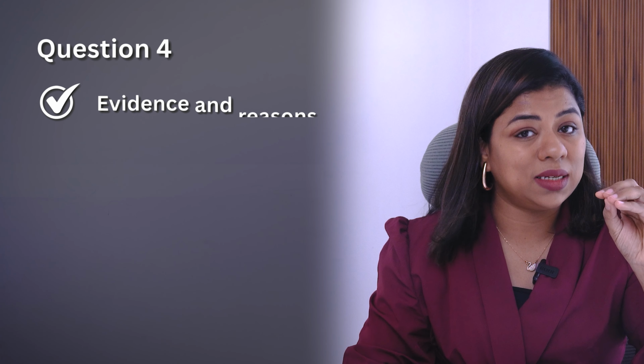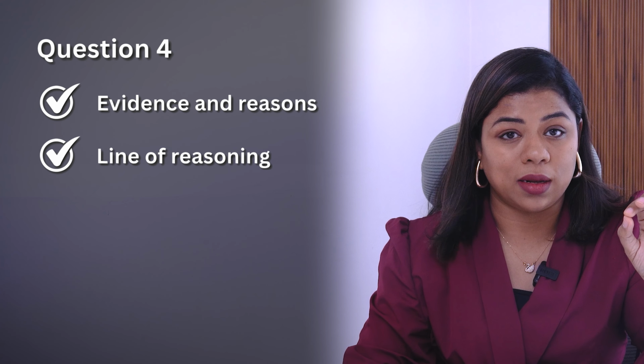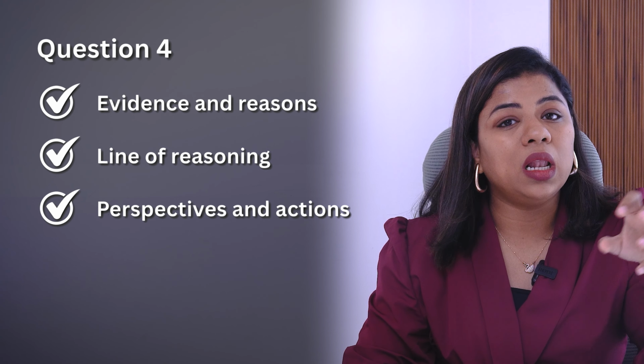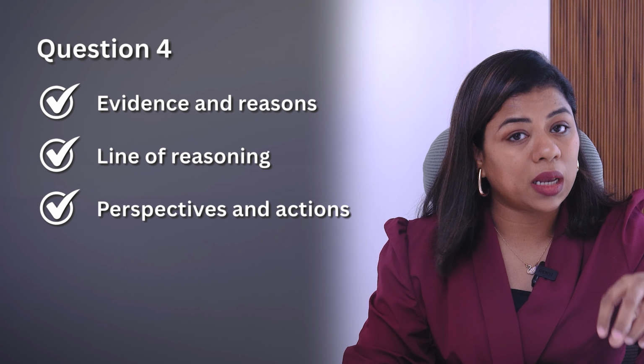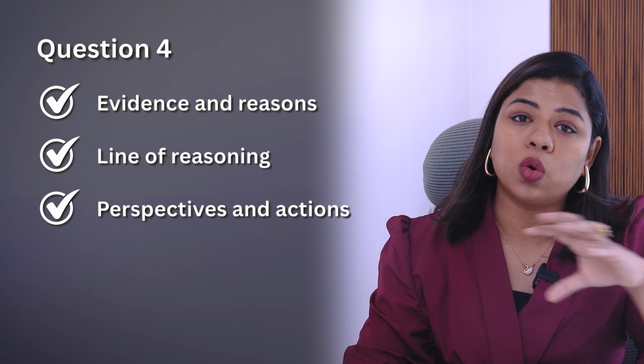For question 4, the recommendation question, there are 3 separate marking strands: evidence and reasons to support arguments, development of line of reasoning, judgment about perspectives and actions. Marcus learned to tackle each marking strand separately, which is why his marks improved so dramatically.